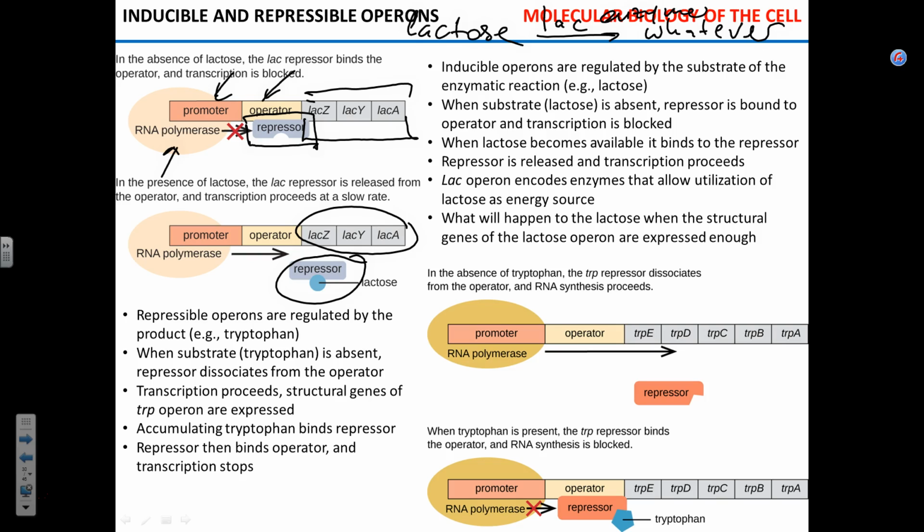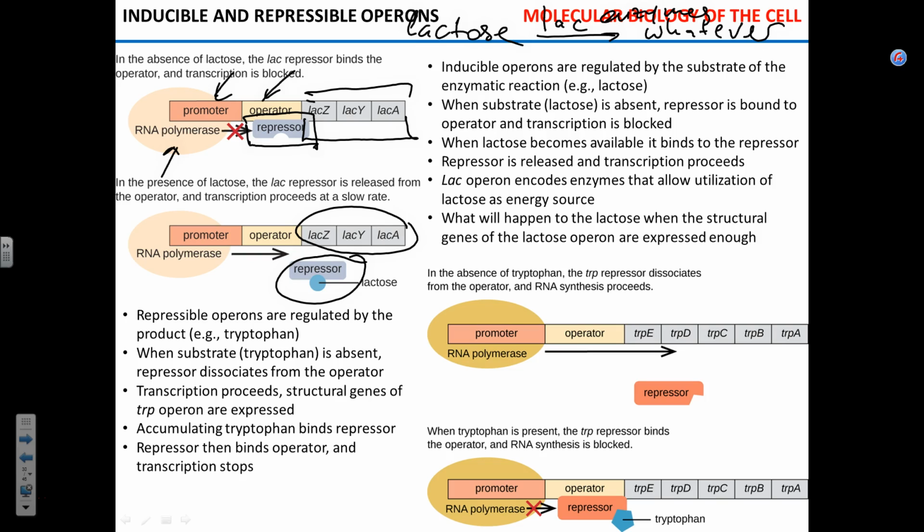Enzymes. They metabolize lactose. Does that make sense? So lactose allows for the production of the enzymes that metabolize it.